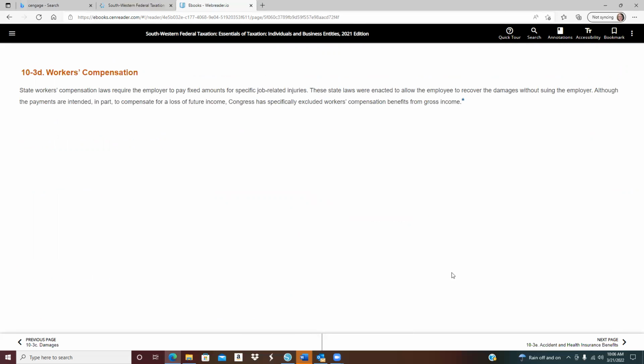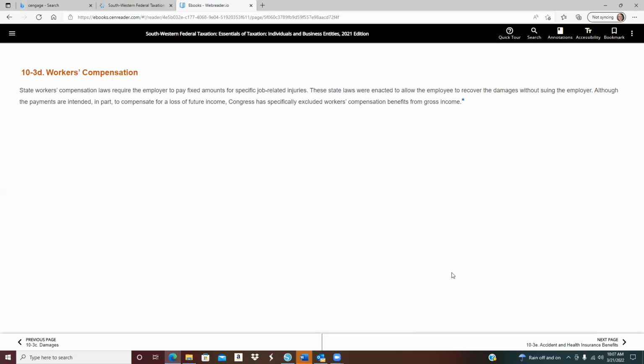All right, workers' comp. State workers' compensation law requires employers to compensate employees for work-related injuries. In other words, you are an employee, you are injured while at work and you're not able to work. These state laws are enacted to allow the employee to recover the damages without suing the employer.